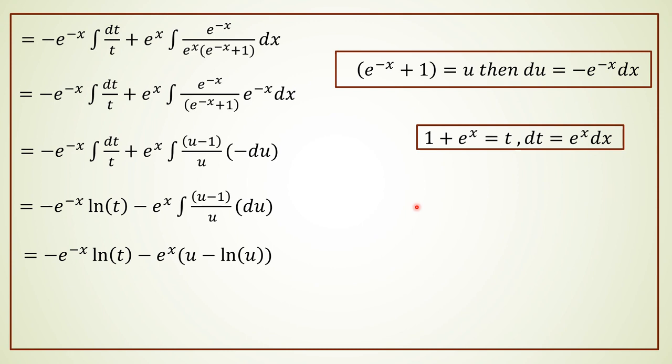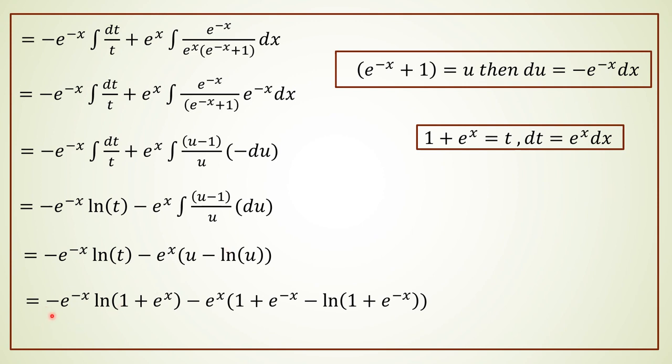What is t? t is 1 plus e power x and u is e power minus x plus 1. So the particular integral of the given differential equation is minus e power minus x ln of 1 plus e power x minus e power x into 1 plus e power minus x minus ln of 1 plus e power minus x.